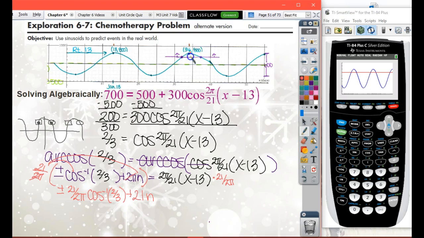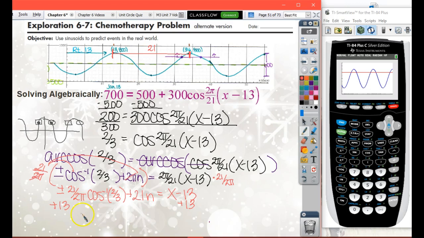And if you look back to our chemotherapy problem, she had a treatment every 3 weeks, so our period was 21. So I know that once I find one answer, I can add 21 to get more. We then have x minus 13 left on the other side, so I'm then going to add 13 to both sides.